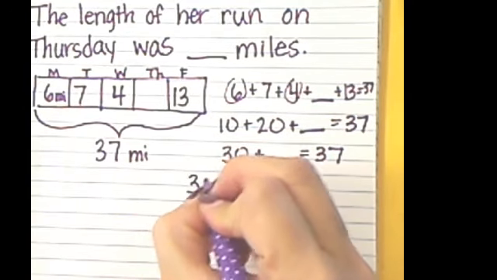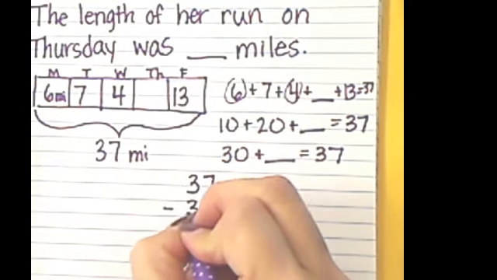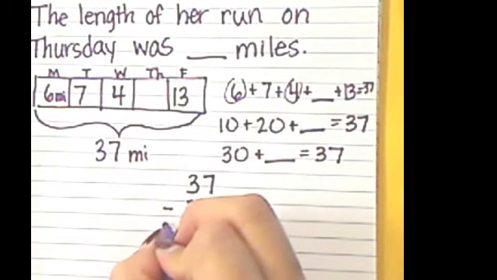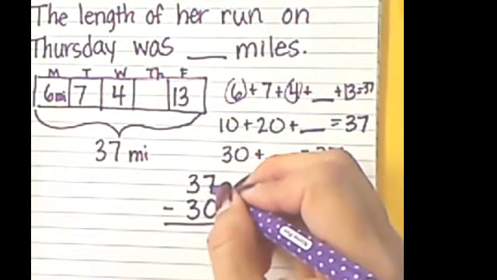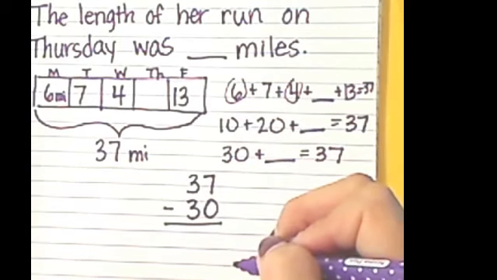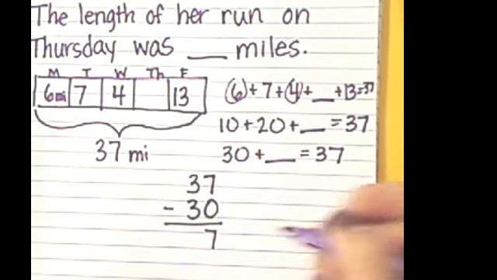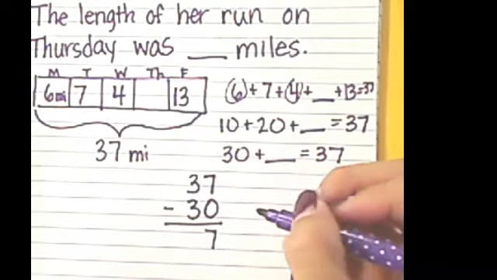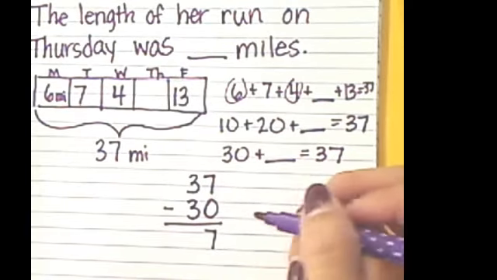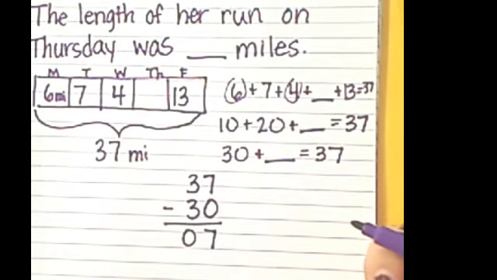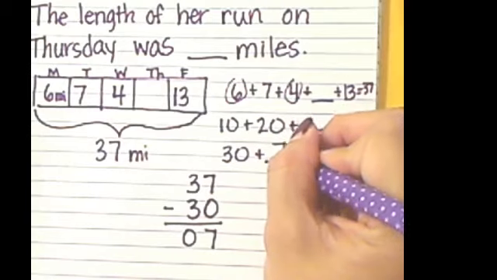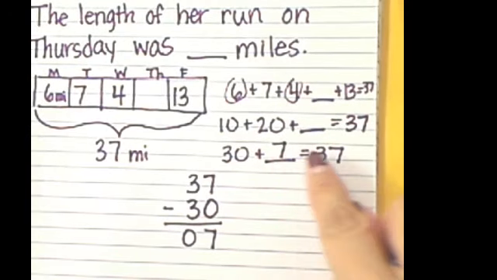So I can do 37 minus 30, line up the place values, and that gives me the missing piece. 7 take away 0 is 7. Then 3 take away 3 is 0, or I can just leave that. So I've got 7. 30 plus 7 is 37.